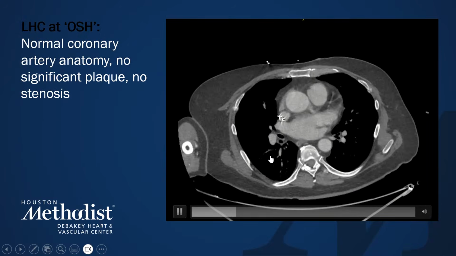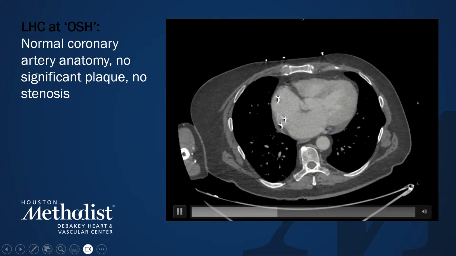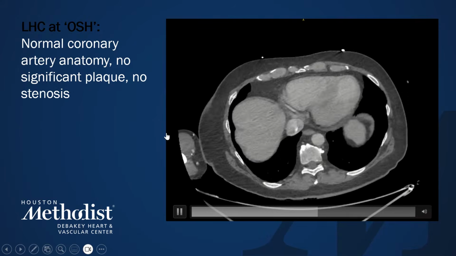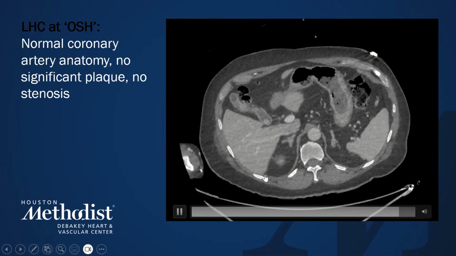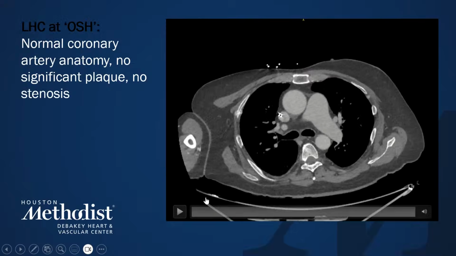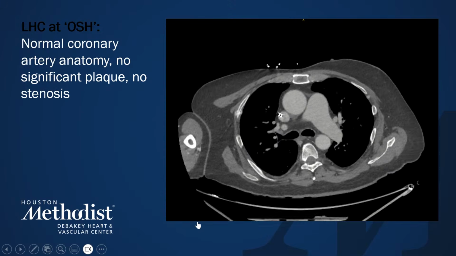Now, he had a left heart cath at the other hospital, and it was reported as essentially showing normal coronaries. We don't have the images, so when we look at the CT chest that he had here, I'm just going to do it on the screen.